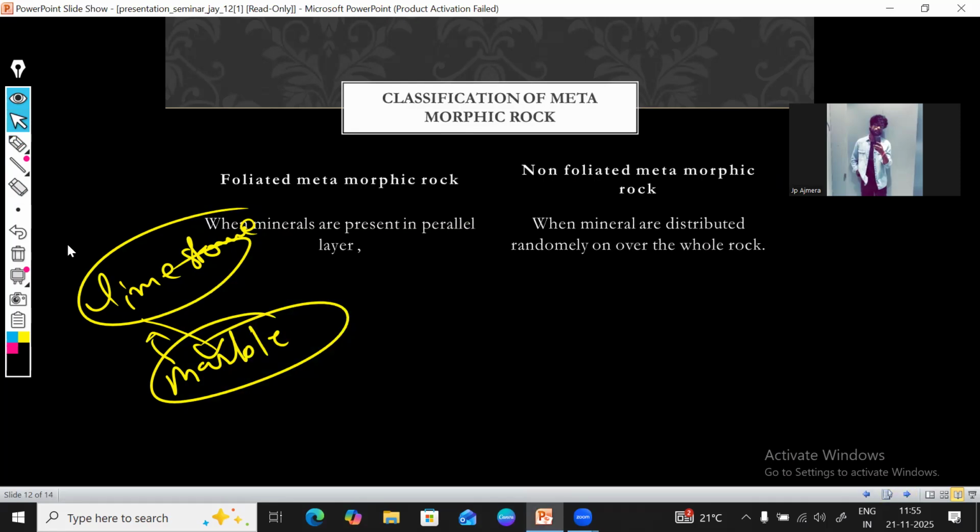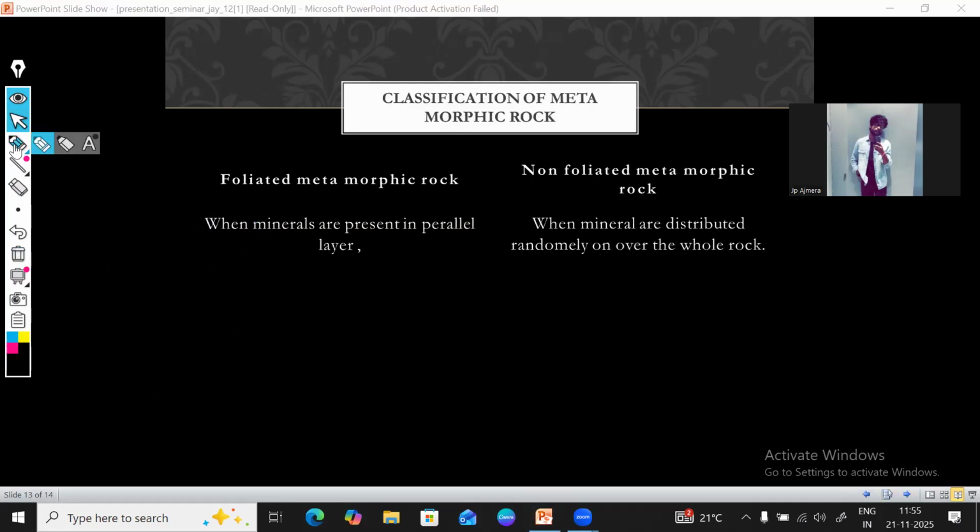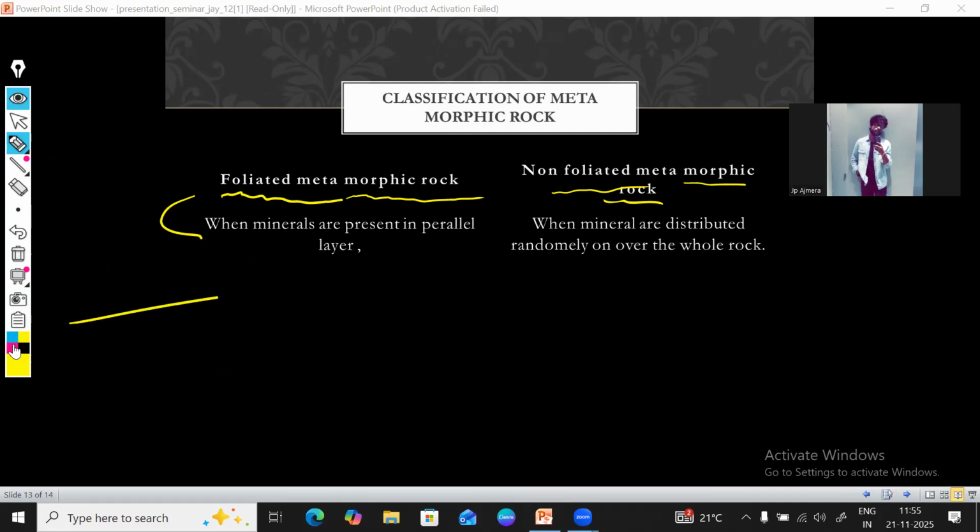This is the last slide, I hope, for this lecture: the classification of metamorphic rock. What is the classification? There are two types of metamorphic rock presented on the board: a foliated metamorphic rock and a non-foliated metamorphic rock. When the minerals are present in parallel layers, imagine there is a mineral, another mineral, another mineral.